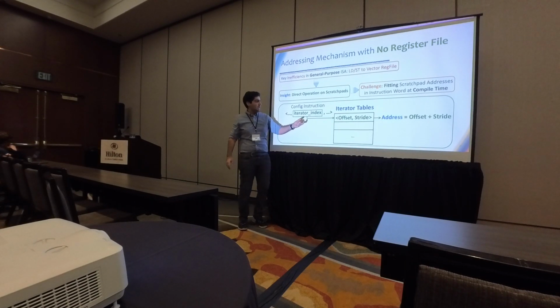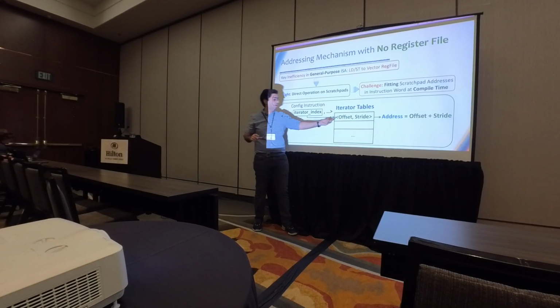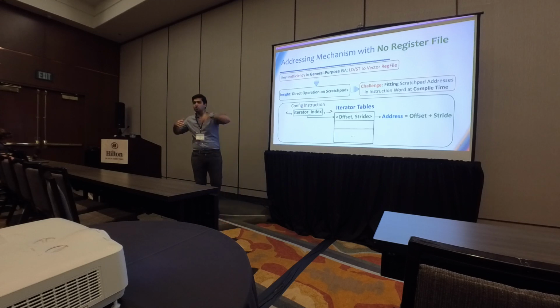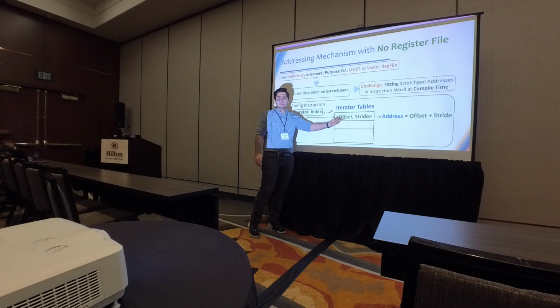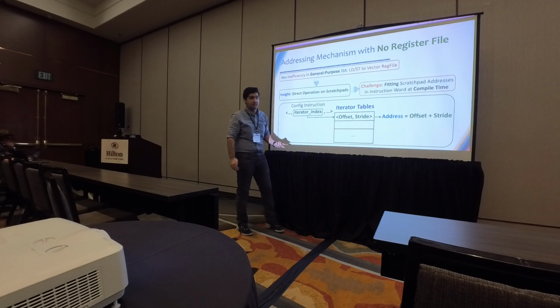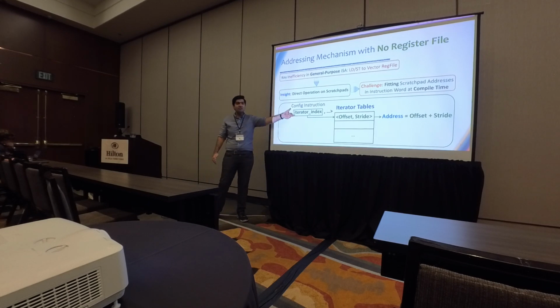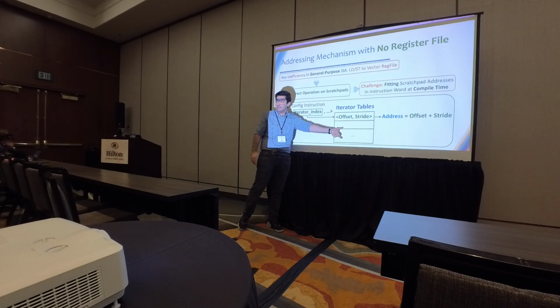And then at compile time, you can generate the offsets for these and also the strides. Because at the end, we are dealing with strided access patterns. It could be more nested, you could have different strides based on the loop nest level. But at the end, it's strided access patterns. So let's figure out all those things at compile time, and use a set of config instructions for the Tandem processor to configure these iterator tables.